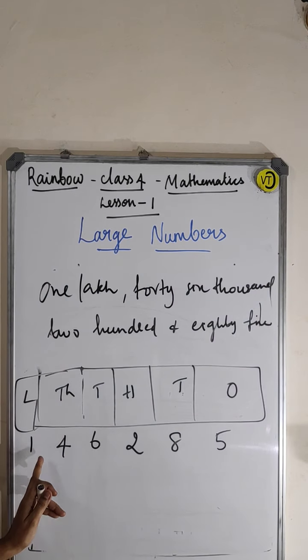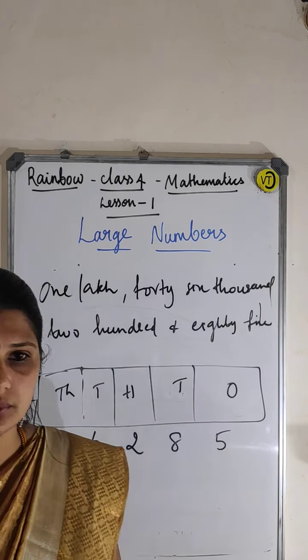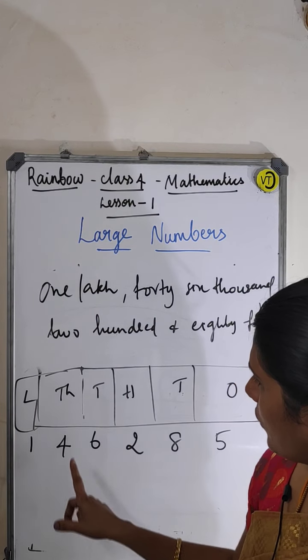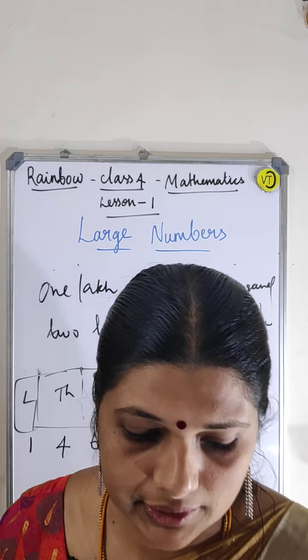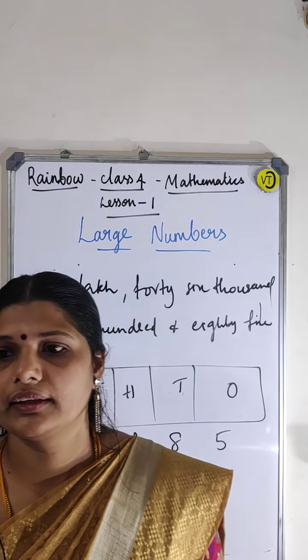So here 146285 is the standard form. You understand, guys? So this is 1,46,285. You can represent this in figures.